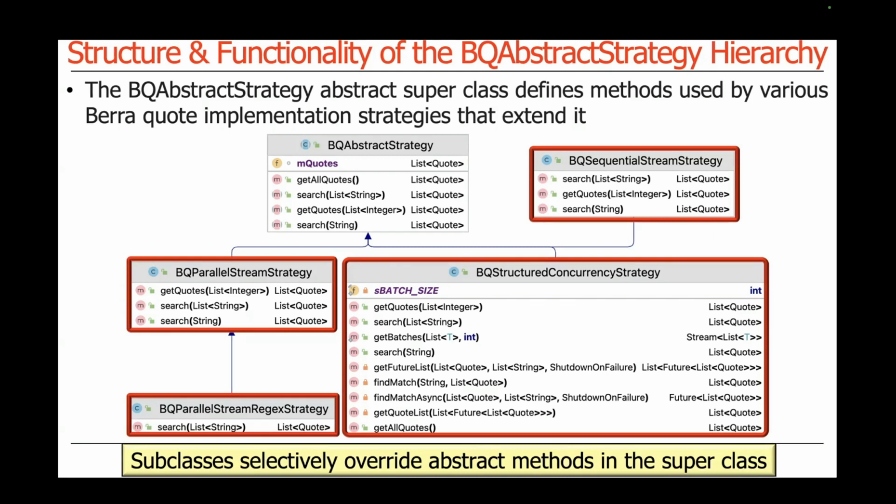The structured concurrency strategy uses the structured concurrency mechanism, which, as we'll see, is more complicated. And then just for kicks, we have a regular expression version that further extends the parallel stream strategy to override the search method. This is just good old object-oriented programming 101. There's nothing deep or profound about this, just showing you how it all works.